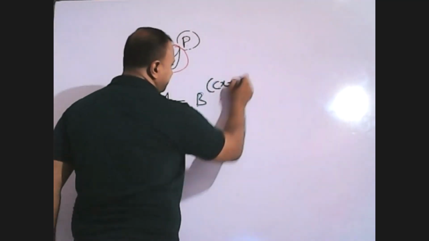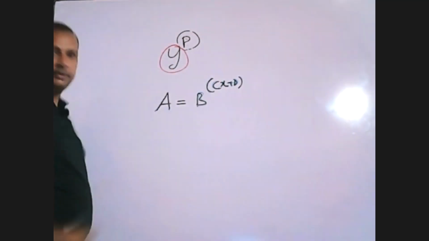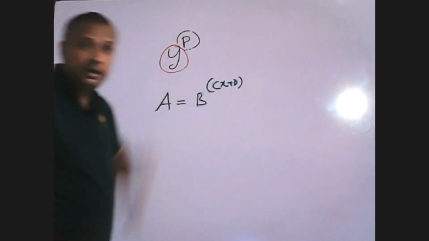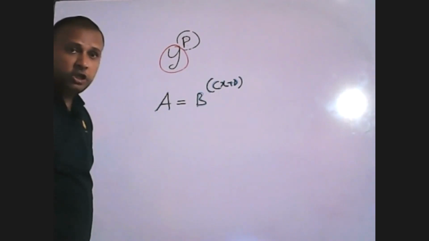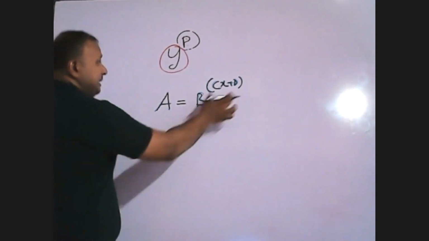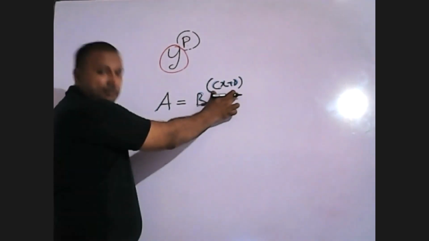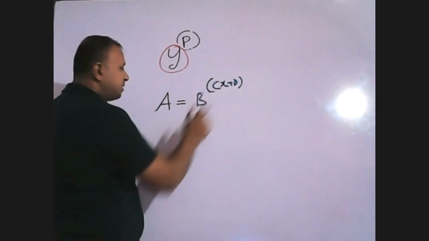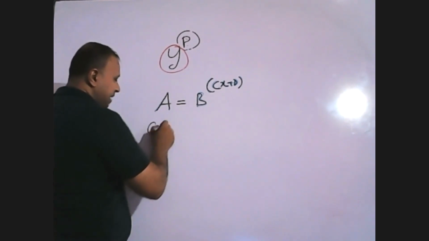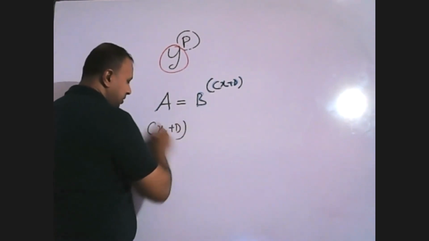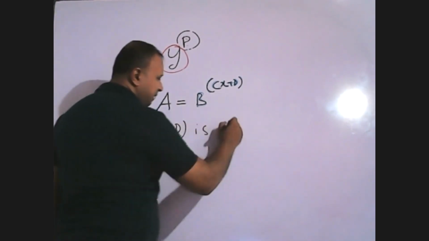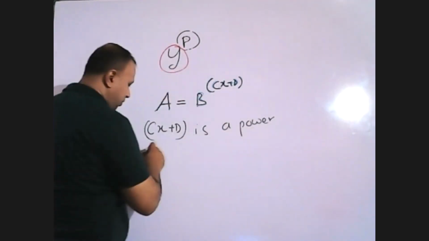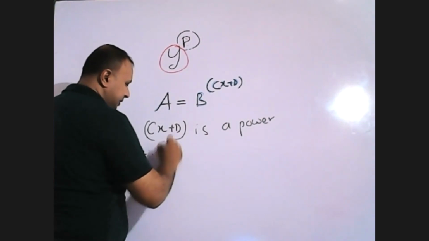According to our logic, Cx plus D is a number, because it is the power. Therefore, it is a number.